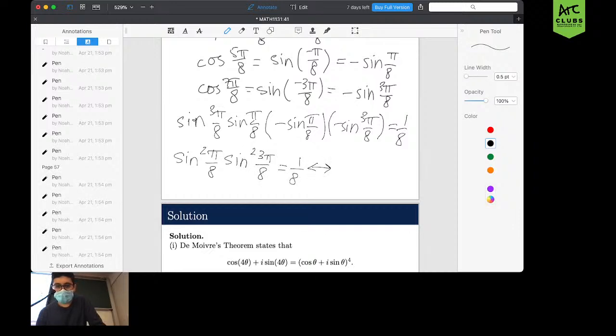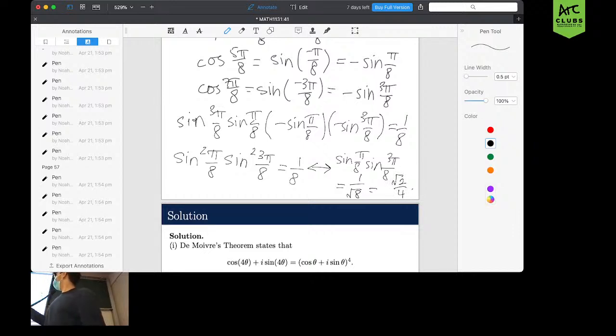We can simply square root both sides to get sin π/8 times sin 3π/8. Its exact value is simply 1 on root 8, which is 1 on 2 root 2, or just root 2 on 4, once we rationalize the denominator.